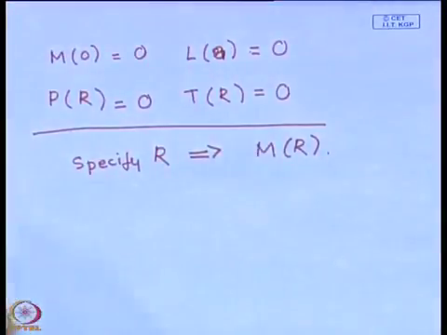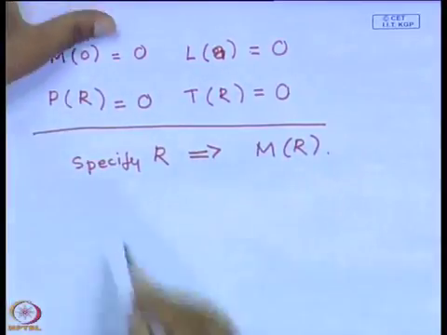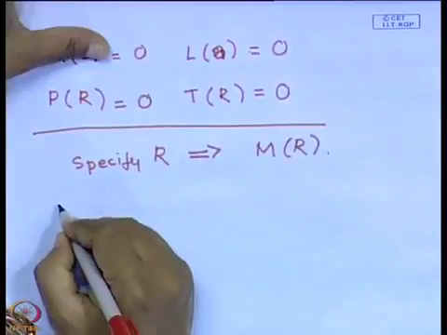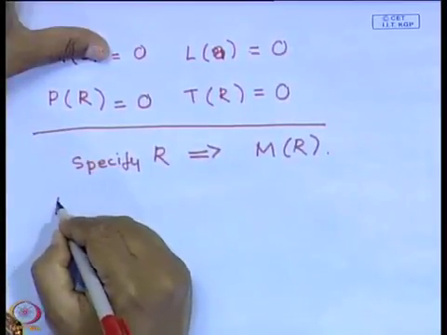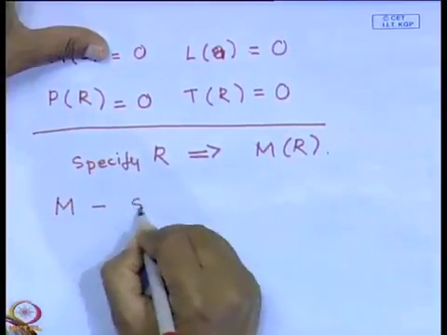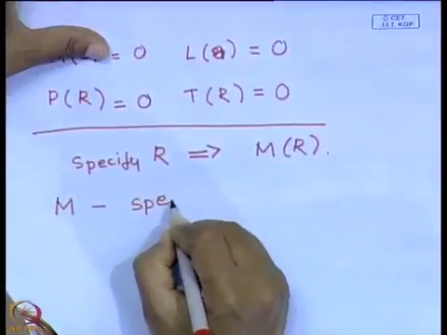But typically we would not like to specify the problem like this. So the problem is reformulated in a slightly different way. The conditions are set up so that you can specify the mass of the star. That is how you would like to solve it.